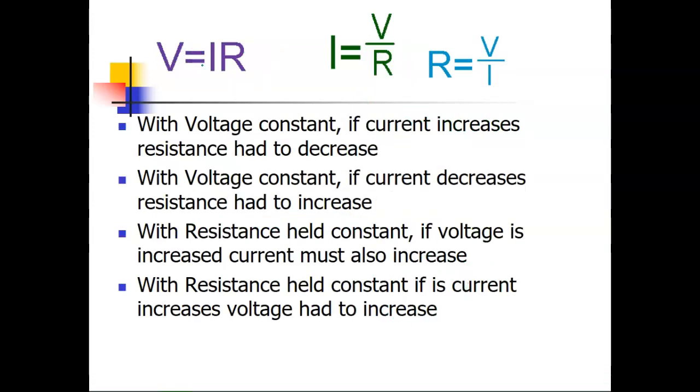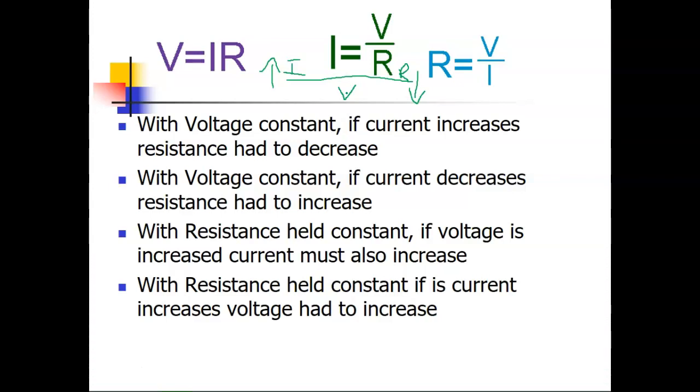So let me kind of put this in a bit of perspective for y'all real quick. This is a lot of words that have meaning, but let's kind of narrow down the meaning. If voltage does not change, this is how the relationship between current and resistance goes. If current goes up, resistance will go down as long as voltage remains unchanged.